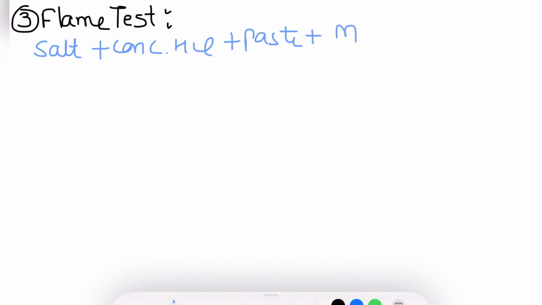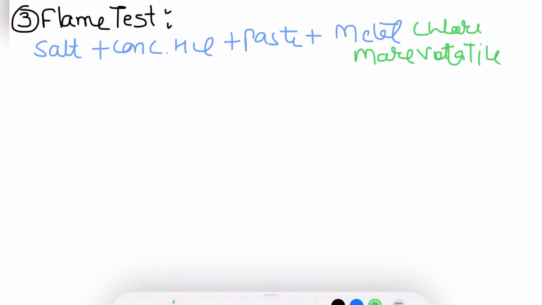Metal chlorides are more volatile than the salt, which is a less volatile form. So with the help of concentrated HCl, we convert the given salt into the metal chloride form, which is more volatile and gives a characteristic color in a flame.